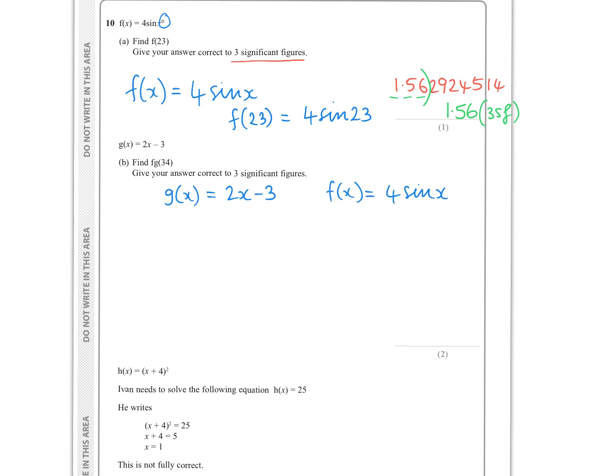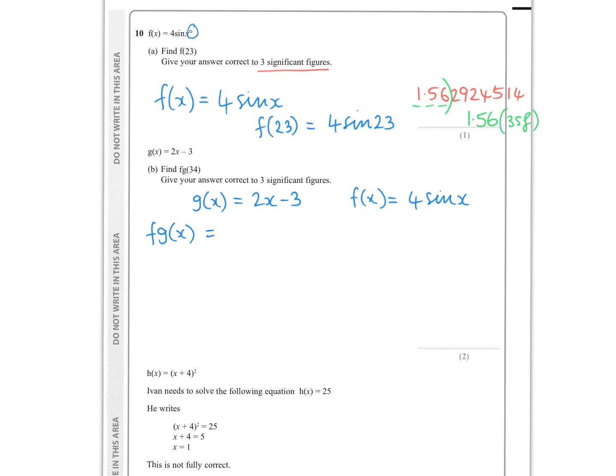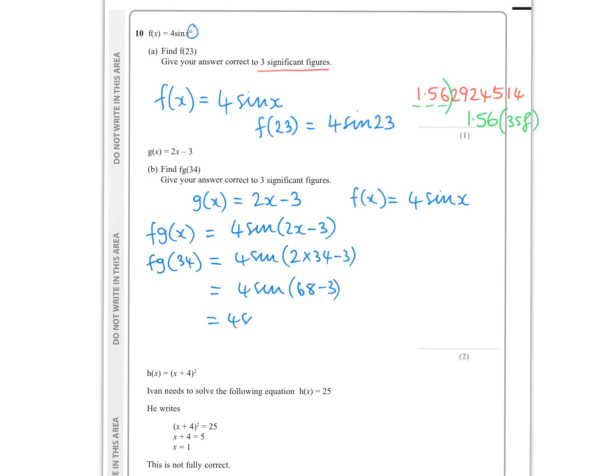So you can either find f of g of x first and say, okay, so f takes on the function g, so that will be 4 sine 2x minus 3, and then go to fg of 34. So we'll have 4 sine 2 times 34 minus 3, which is 4 sine 68 minus 3, which is 4 sine 65.